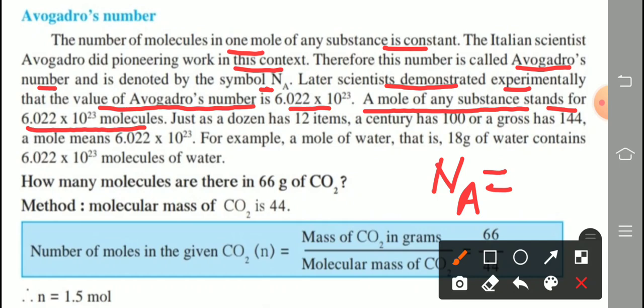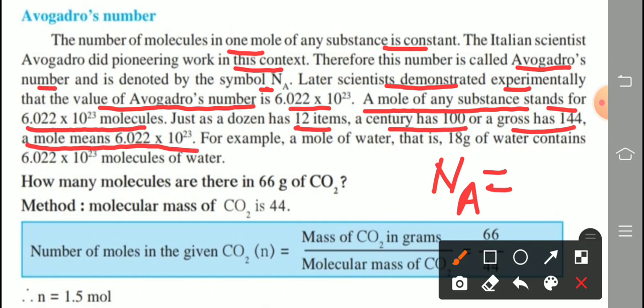So Avogadro's number. Just as a dozen has 12 items, a century has 100, or a gross has 144. A mole means nothing but, underline, mole means 6.022 into 10 raised to 23.